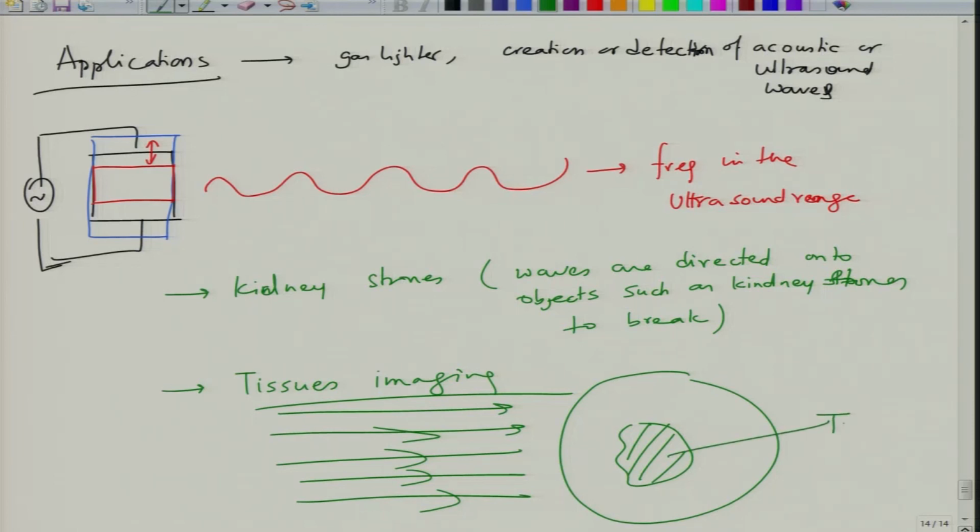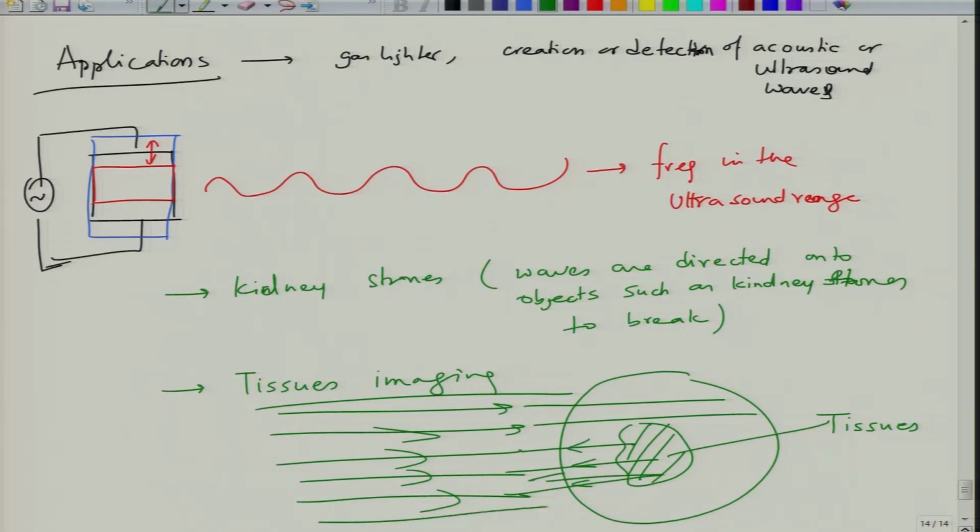It could be for example a baby, it could be something else. So, wherever you have fluid, you do not have tissues, the waves will pass through, but wherever you have tissues, part of the waves will be reverted back, all right. And the waves which are reverted back are again analyzed using an analyzer here. So, you have a source and an analyzer here.